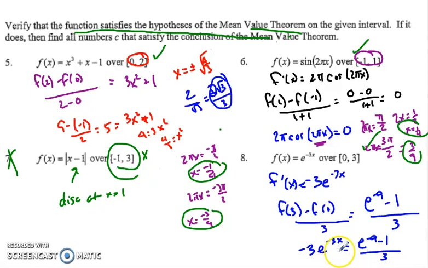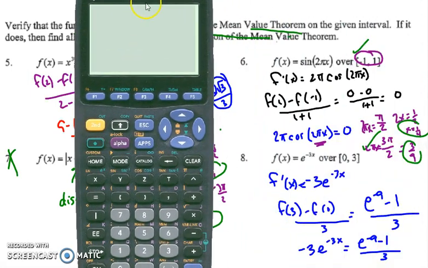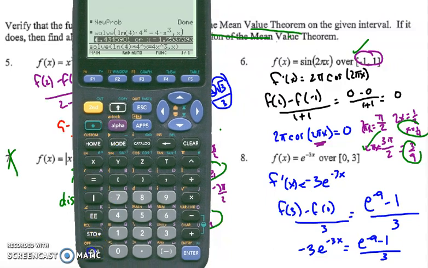So I'm not going to solve that by hand. I'm going to need a calculator for this one. I'm going to pull up my calculator. I feel like my calculator's a little bit cut off, but I think I can do it.